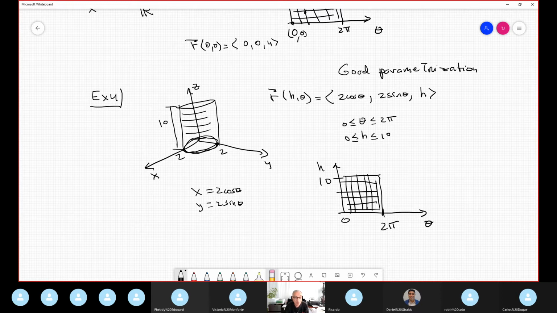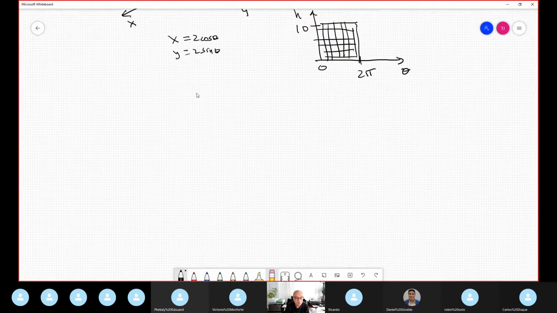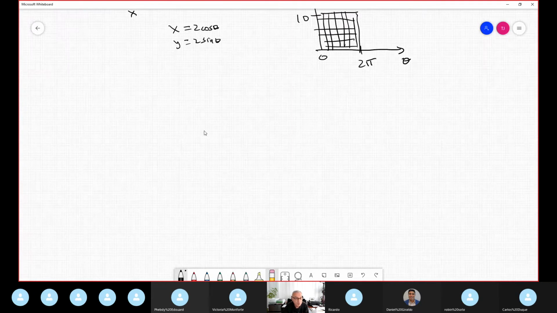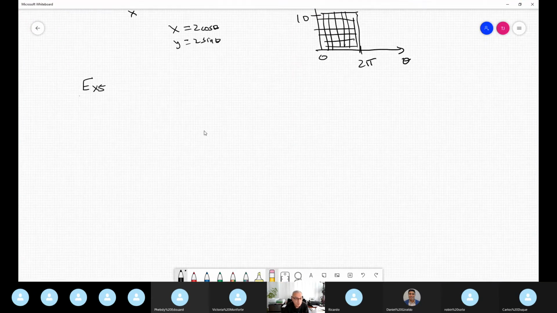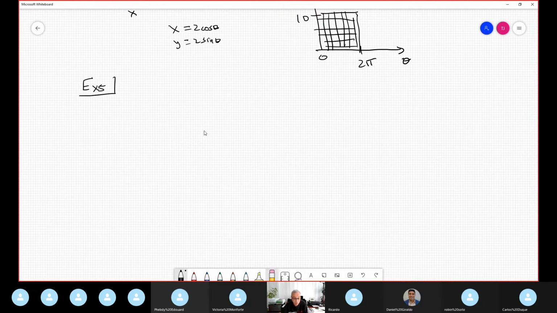Let's see another example, a little bit more complicated. Example 5. Parameterization of an ellipsoid. Suppose the ellipsoid in implicit or explicit form is 9x squared plus 4y squared plus z squared equals 36. This is the identification: x, y, and z are all squares, everything is plus. This is an ellipsoid.